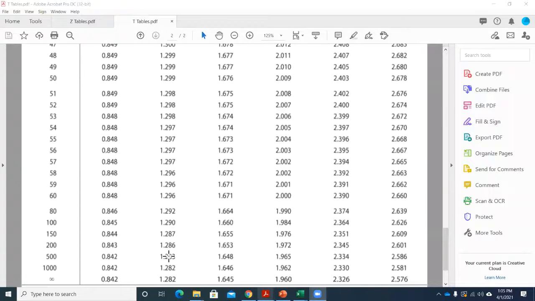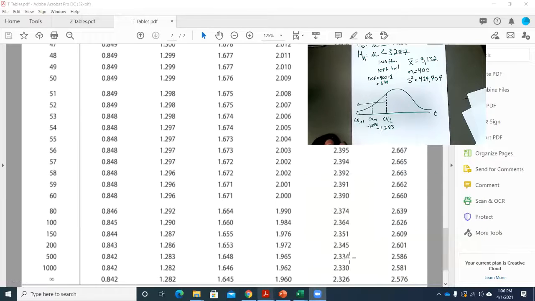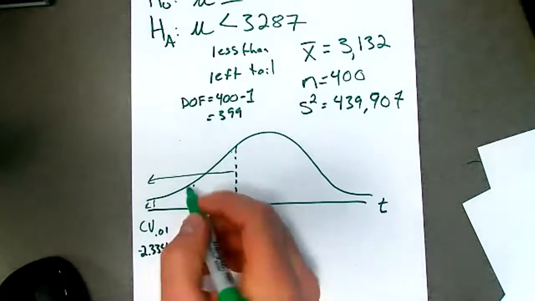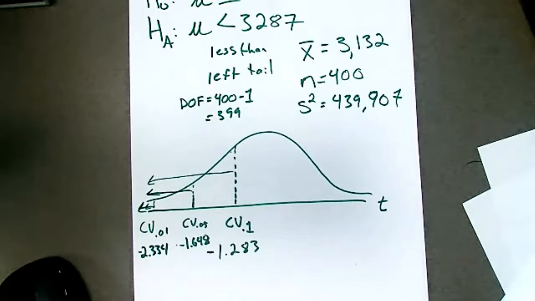It's going to be 1.283, 1.648. Remember, I have to make them negative because I'm looking at the other side of the distribution. And then 2.334, so negative 2.334. Now I've got all 3 of my critical values, and I can think about my rejection regions.